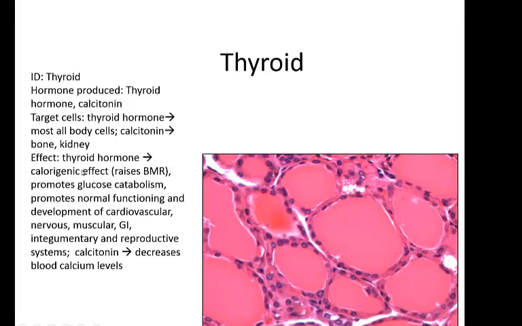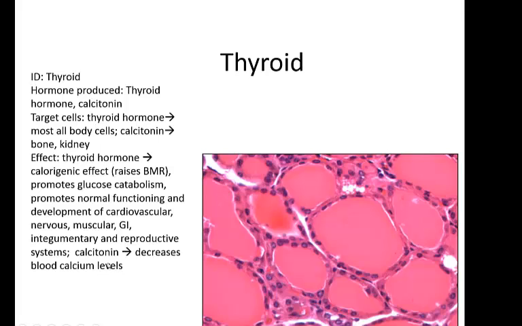Without thyroid hormone, you're not going to develop properly. And then we have calcitonin, which decreases blood calcium levels.